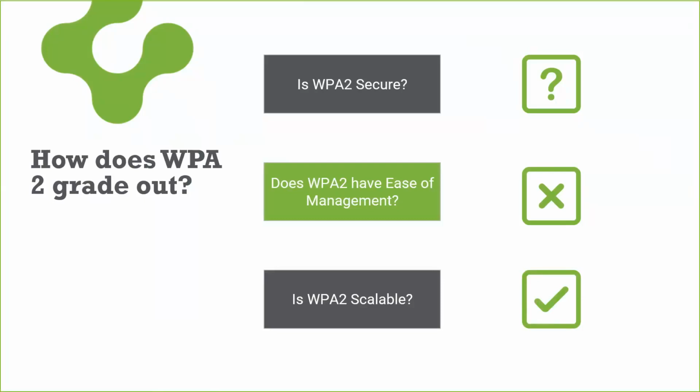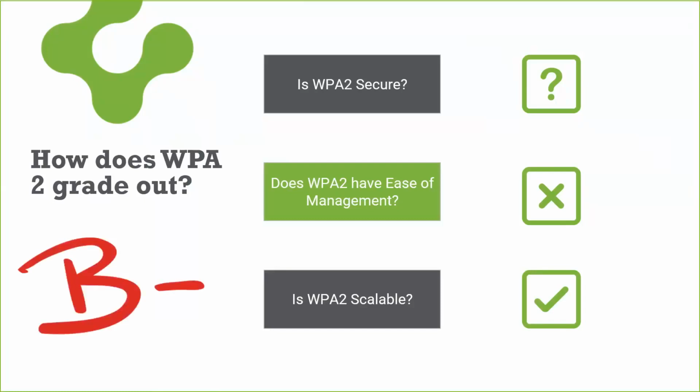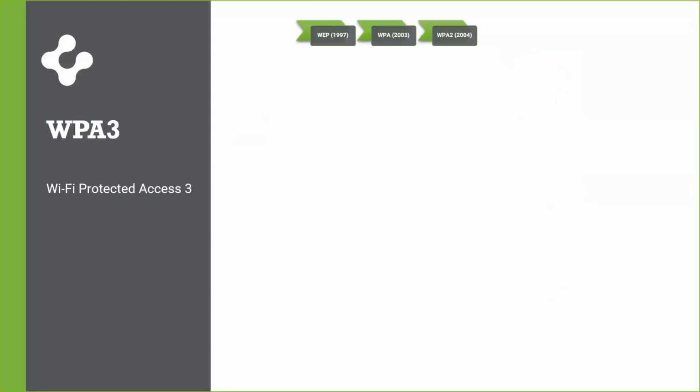This is incredibly convenient and one of the best features of WPA2. However, this directly affects that ease of management. The larger you are and the easier it gets for your employees, the harder it is to maintain security. Overall, we would give it a B- because it does have some pros, but there also are some cons you should consider if you want to deploy a standard WPA2 passphrase environment.